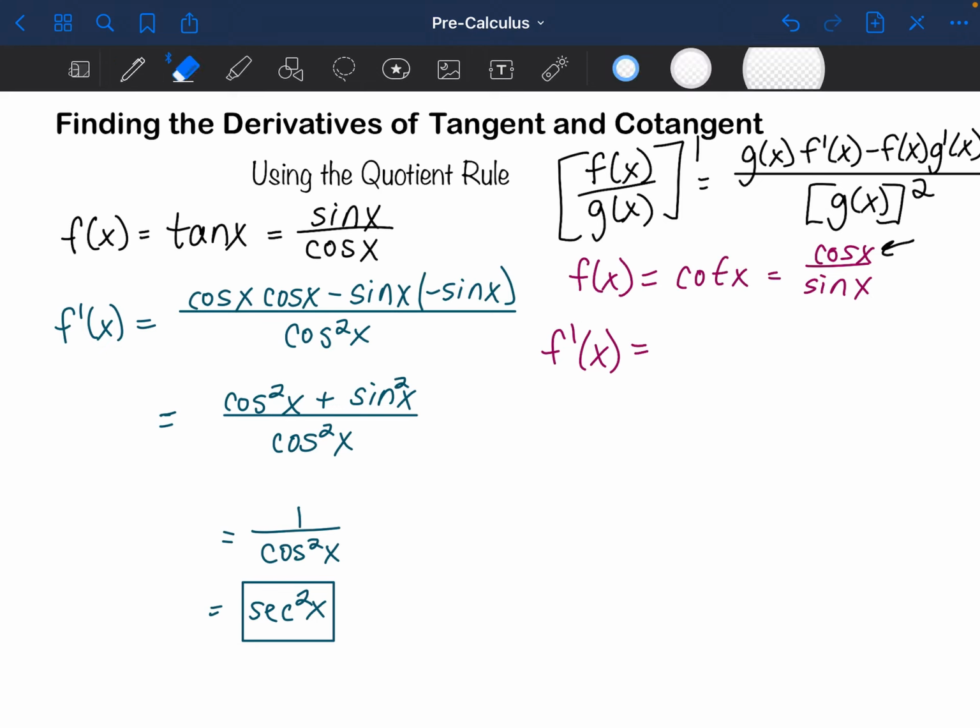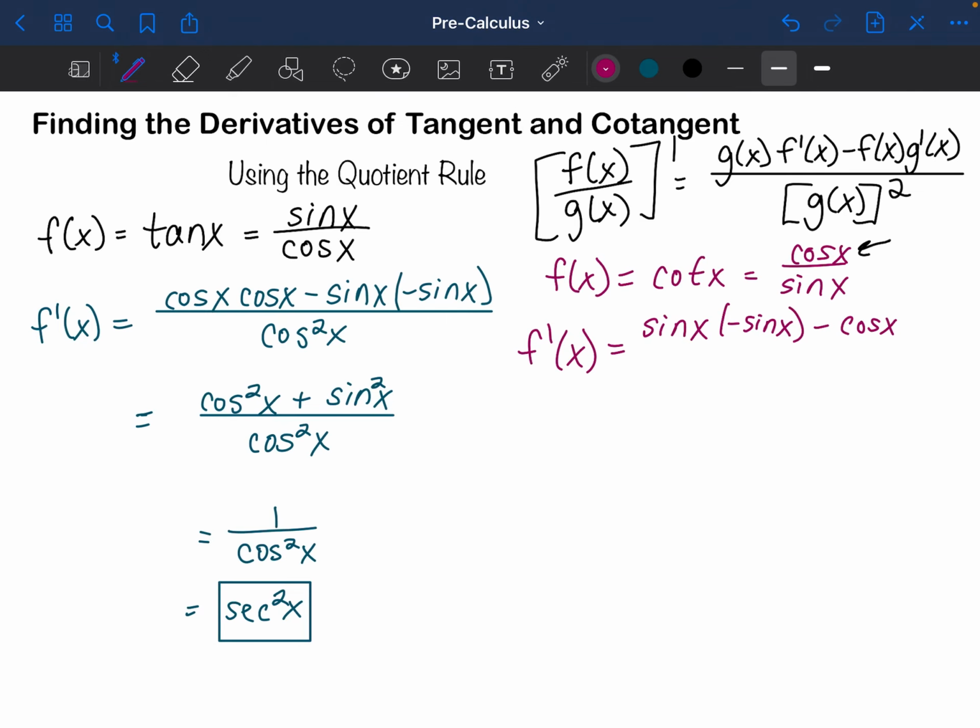I'm doing this backwards. Low, sine of x, d high, derivative of cosine is negative sine of x, minus high, cosine of x, d low, derivative of sine is cosine, all over low squared, sine squared x.